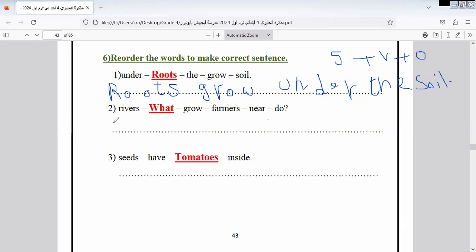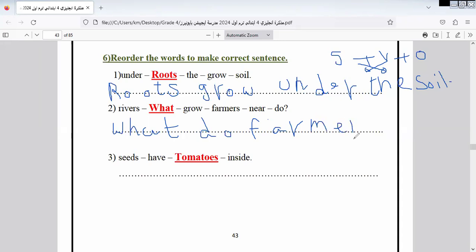What do farmers grow near rivers? What do farmers? As we told you before, in the question form we replace the subject with what. Here is what do farmers?